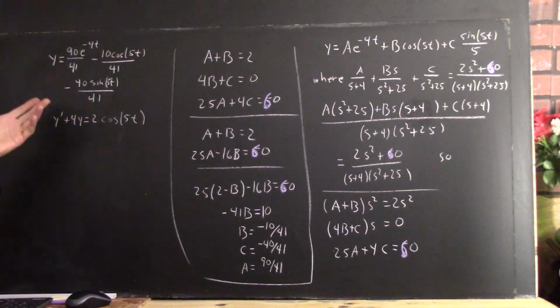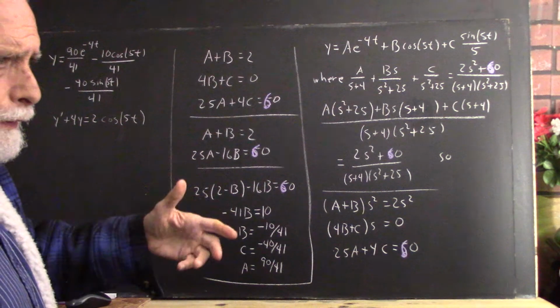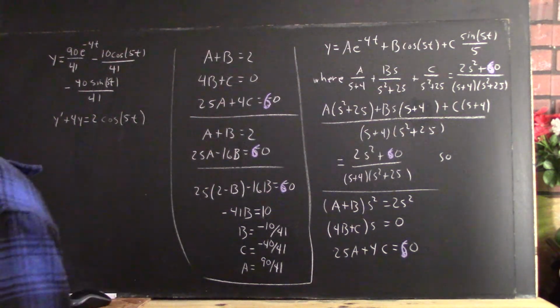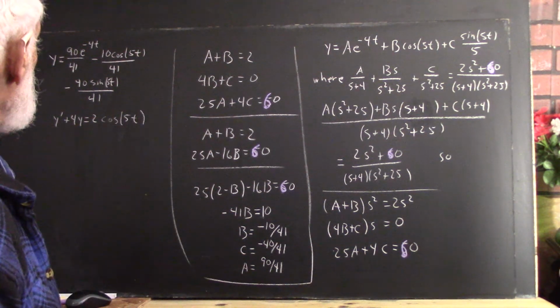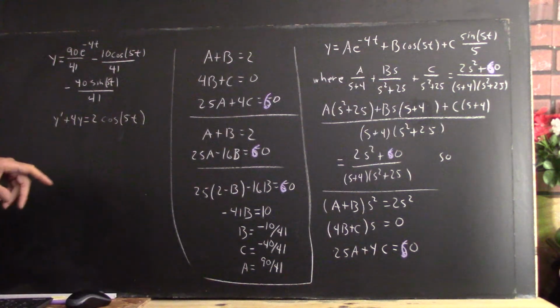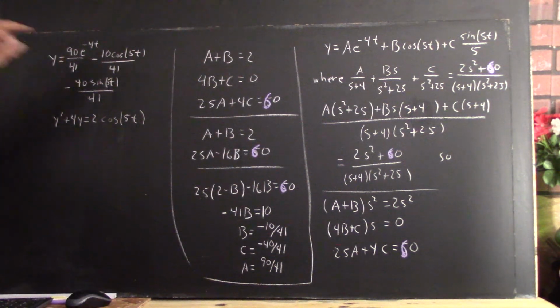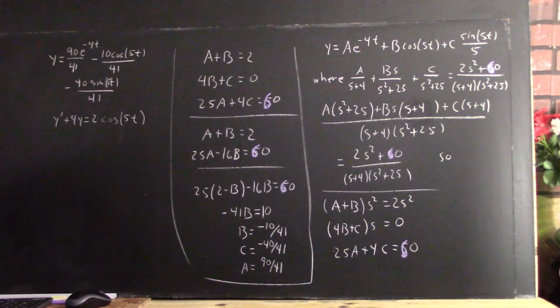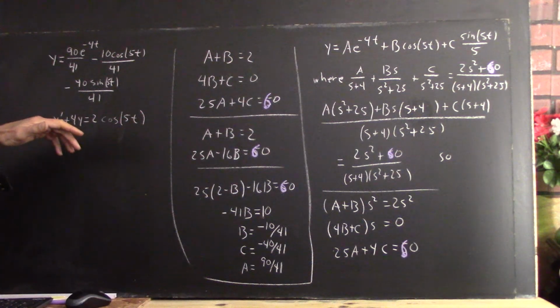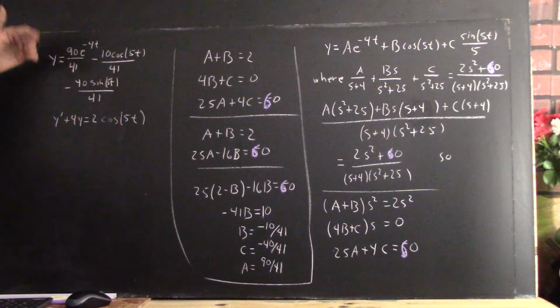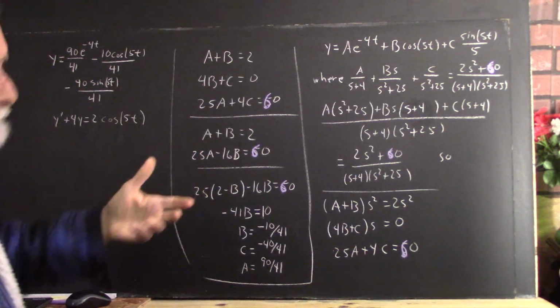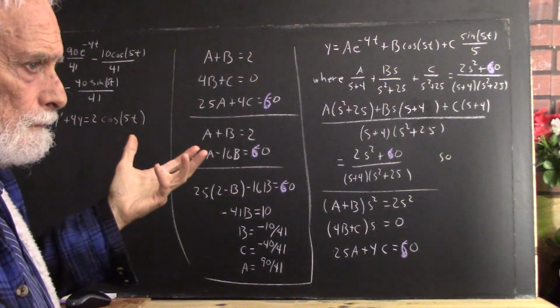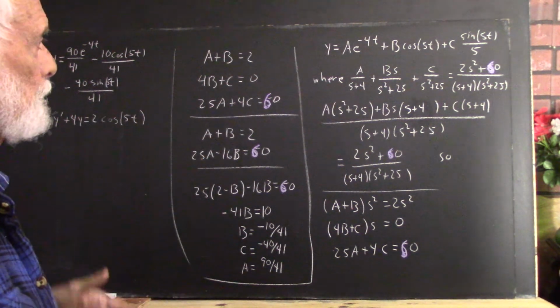The other part of this solution is that y of 0 should equal, what did we say, 2? Okay. And y of 0 is going to be 90 over 41 minus 10 over 41, which is 80 over 41. If it was 82 over 41, it would satisfy the initial condition.